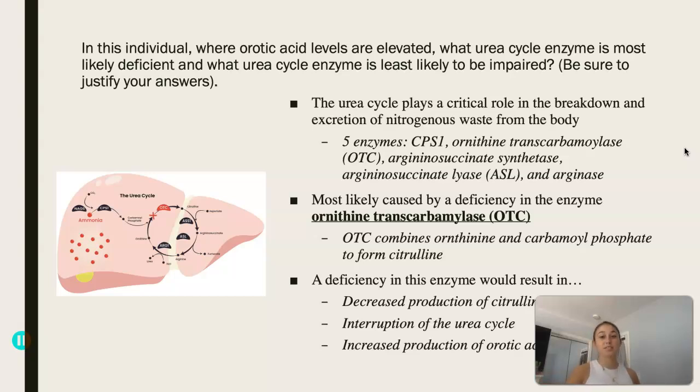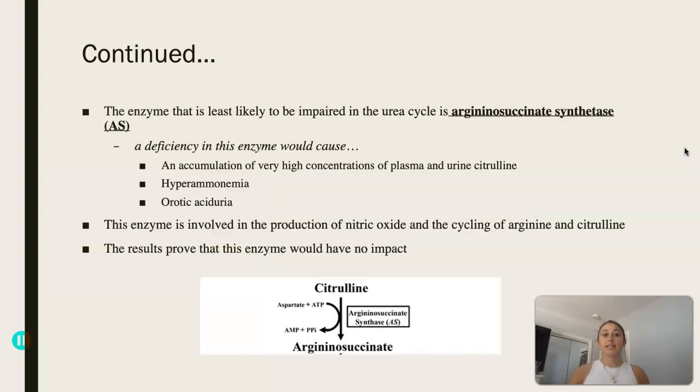And a deficiency in this enzyme would usually result in a decreased production of citrulline, interruption of the urea cycle, and increased production of orotic acid, which is prevalent in the analysis that was shown before. And the enzyme that is least likely to be impaired in the urea cycle is AS, or argininosuccinate synthetase.